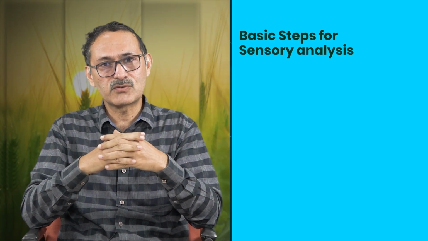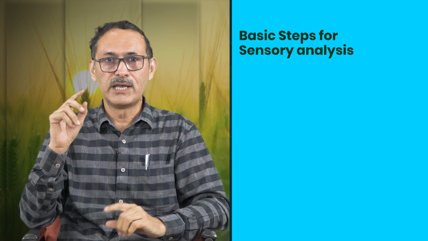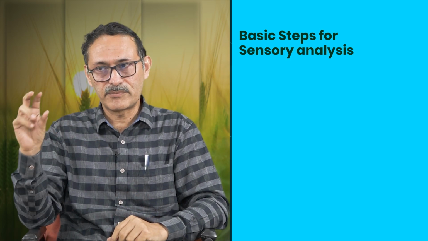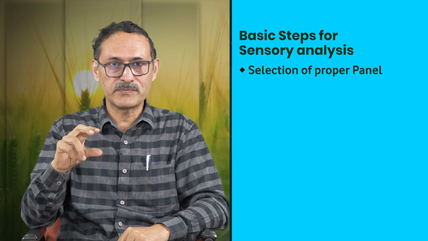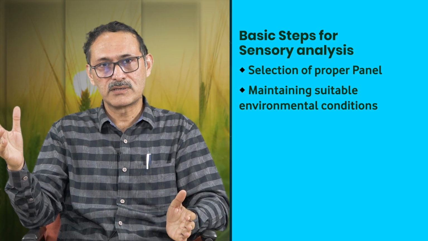After understanding the attributes, we'll look into the steps of what sensory evaluation actually is and how we actually go for the sensory analysis. For this process, it is important to have proper selection of the panelists and to maintain suitable environmental conditions. Say, for example, if you are right in the kitchen and you want to taste, it can have the influence of different other flavors.